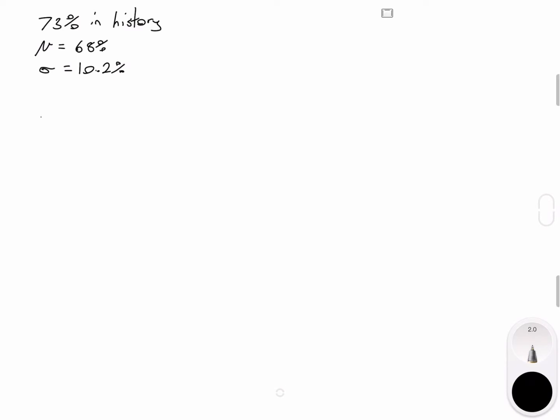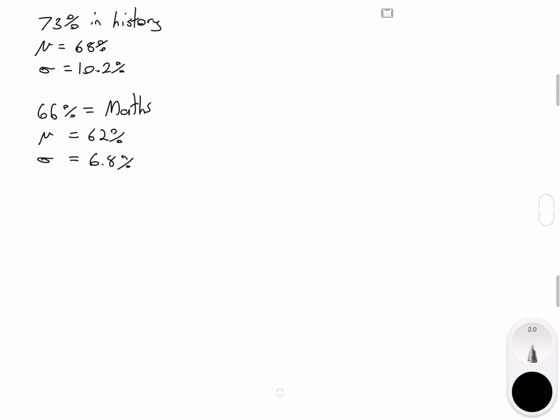Mathematics was 66%, the grade that they got, with the class mean being equal to 62%. I'm hoping you guys get better than this. And the standard deviation of 6.8%.